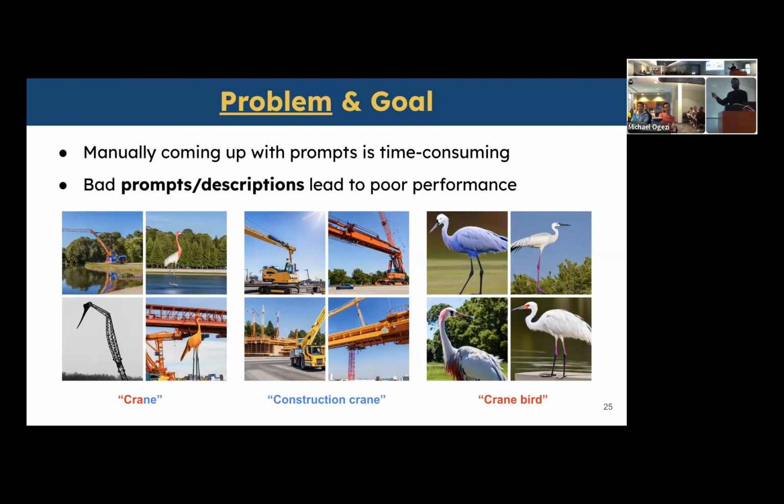We put that into our text to image generation model, and we see that we get a better image, even better than just having this construction crane, right? And the same thing goes for crane bird. The key idea here is that when we don't have more context that is relevant to the meaning we are trying to depict, the model gets very confused.